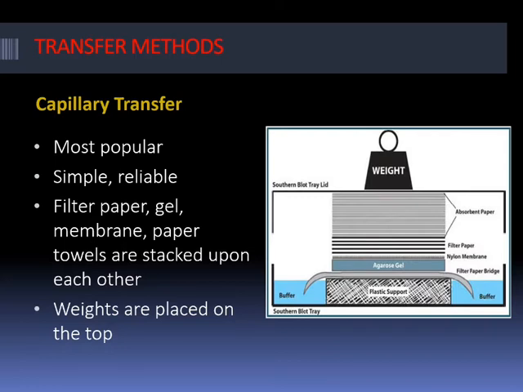Whenever the weight is there, it increases the absorption capacity. Through the micropores, the buffer is drawn up by the absorbent papers. With that force, the DNA on the agarose gel is shifted to the nylon membrane.